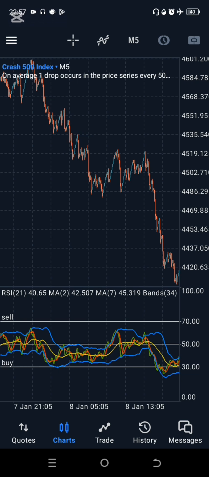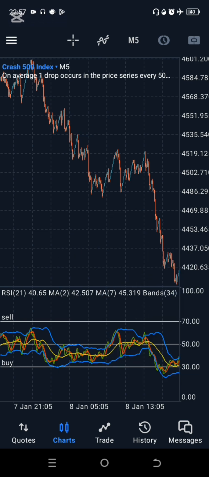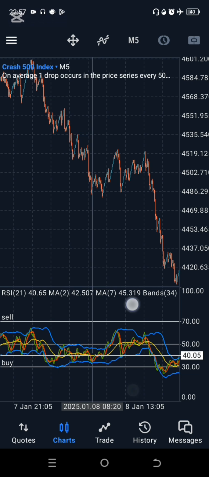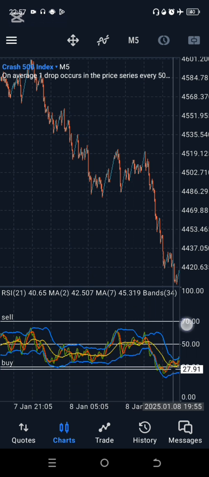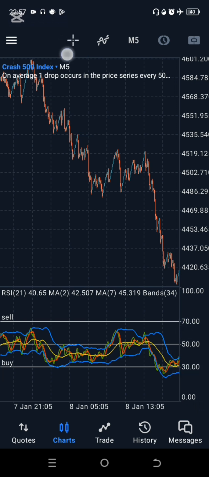So usually when the market is in a downtrend, and this is now a tip that I'm sharing with you guys since you are my friends, right? When the market is in a downtrend, it goes lower, it can even pass the 30 level, but it usually won't break the 60 level, right?